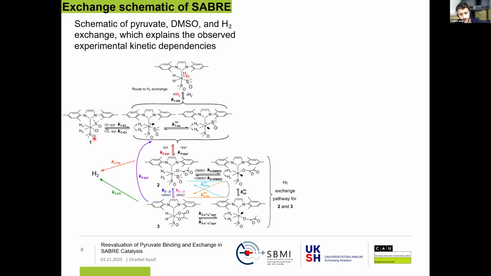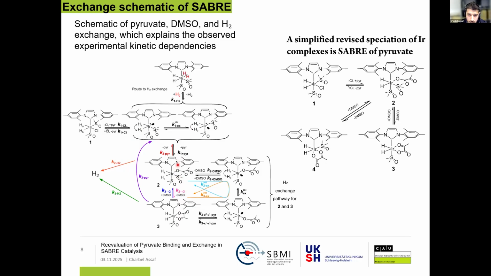And here we show a series of dissociation reactions, the loss of chloride, and then we have intramolecular hydrogen exchange between 1 and 2, and also between 2 and 3, and also we have the DMSO exchange between complexes and pyruvate exchange. And here we have a more simplified version.